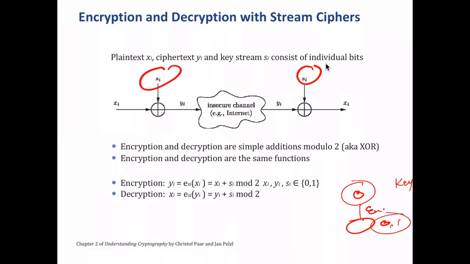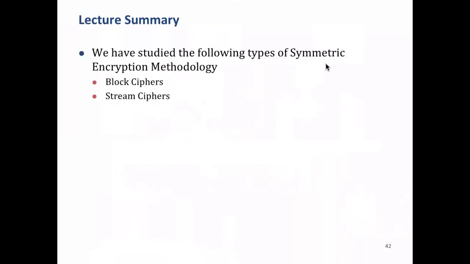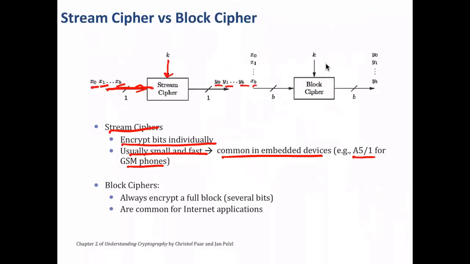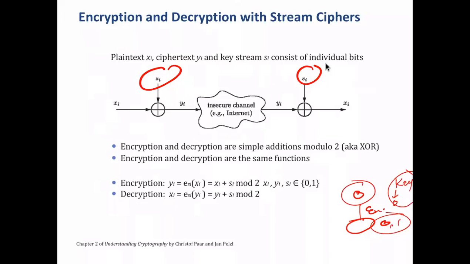Suppose the key bit is 0 corresponding to this input, then of course we can decide 0 and 1 based on the algorithm. We'll not go into details of stream ciphers. If you're interested, please read through this book.